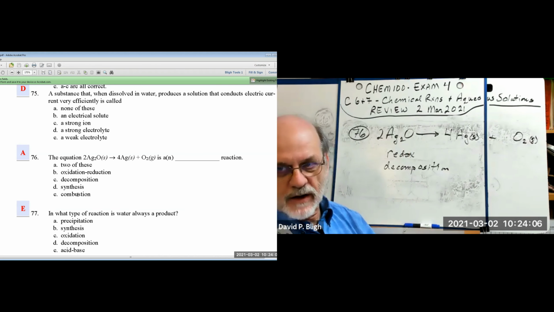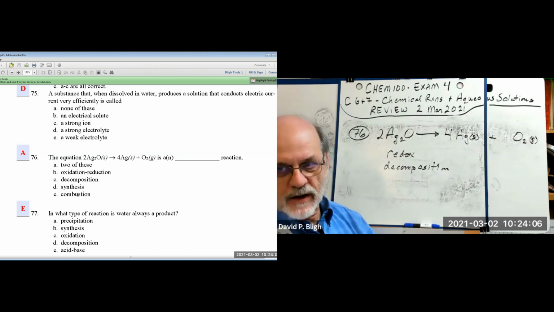Then we have 2 sodiums also in solution, and 2 chlorides still in solution. And then we have this one that cannot be broken apart. That's your complete ionic equation.